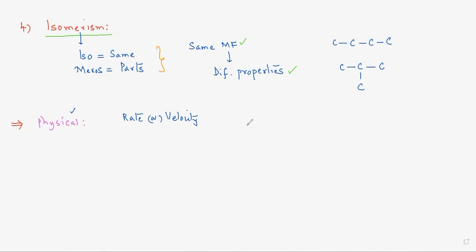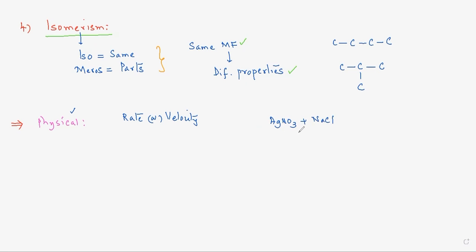And there are certain reactions which take place in a fraction of a second, within milliseconds, like say 10 power minus 4 seconds, minus 3 seconds. For example, the reaction between silver nitrate and sodium chloride.